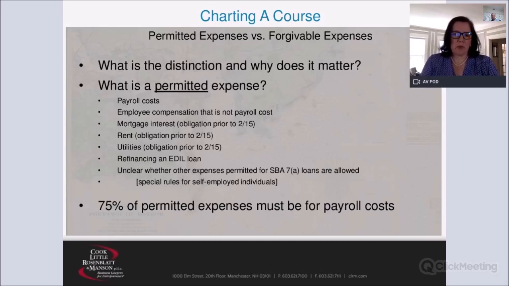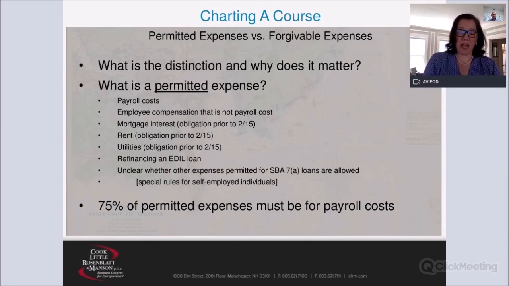So turning now to forgiveness, the very first question is, what are even the allowed uses of funds under the Paycheck Protection Program? There is a slightly wider set of expenses that are permittable uses of the proceeds that might not be forgivable. And this is important because there are distinctions between what's ultimately permitted and what's forgivable.